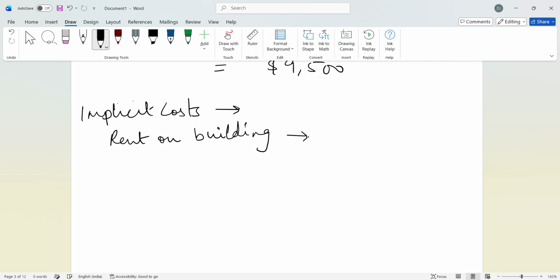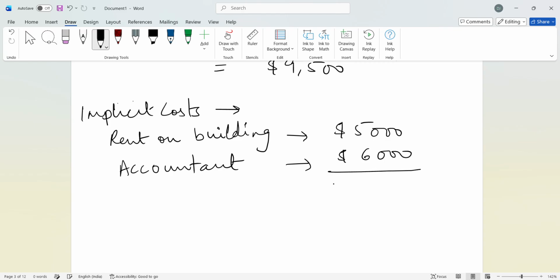But if she rented out her building, she could have earned $5,000 per month. And she can also make $6,000 per month as an accountant. By profession, she herself is an accountant, and she could have earned $6,000 per month if she goes out to work, which makes it $11,000 in total. These are the two implicit costs that she has.